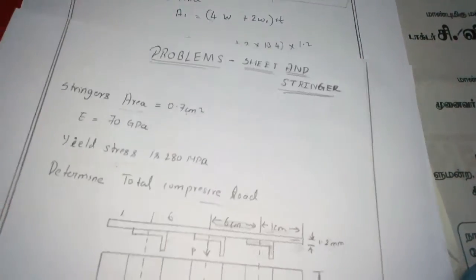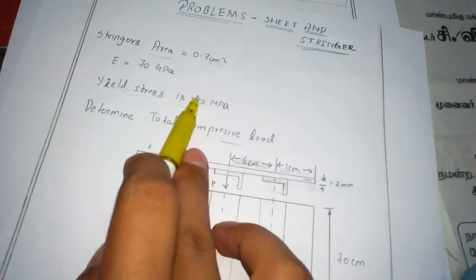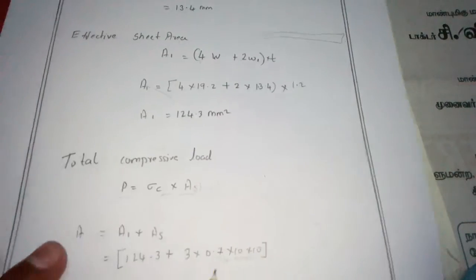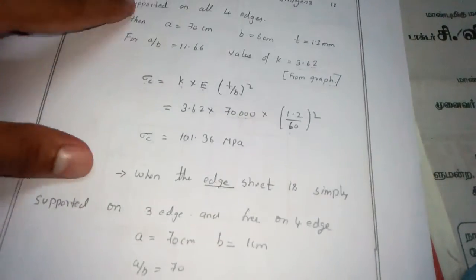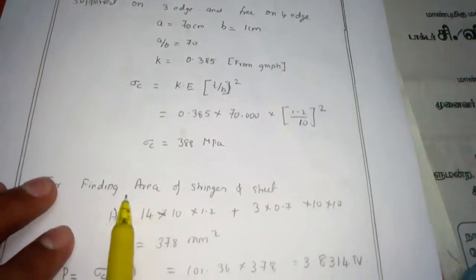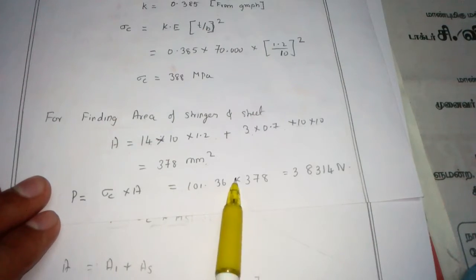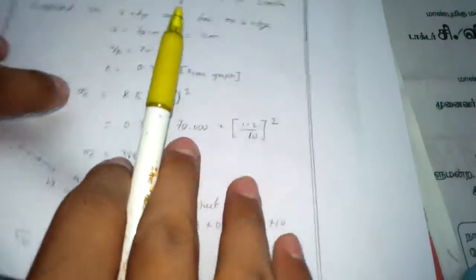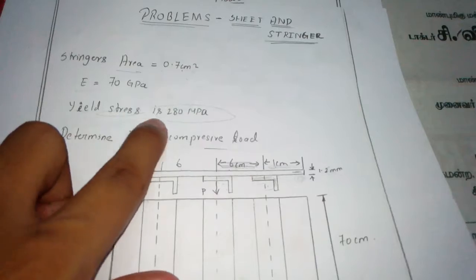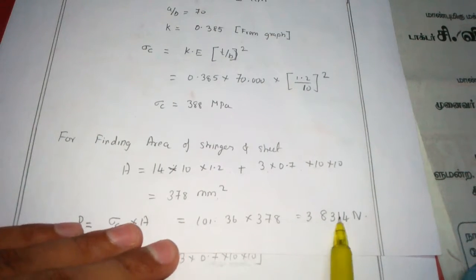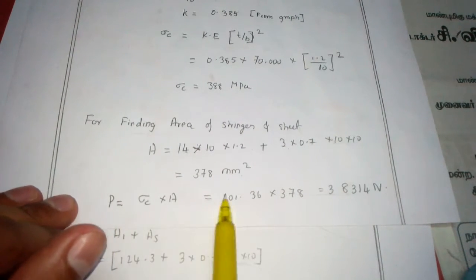They have given the yield strength as 280 MPa. So instead of 101, if you substitute this yield stress of 280 MPa, we will get the ultimate compressive load. That's it.